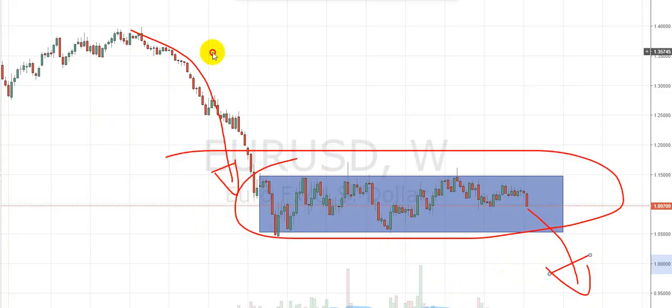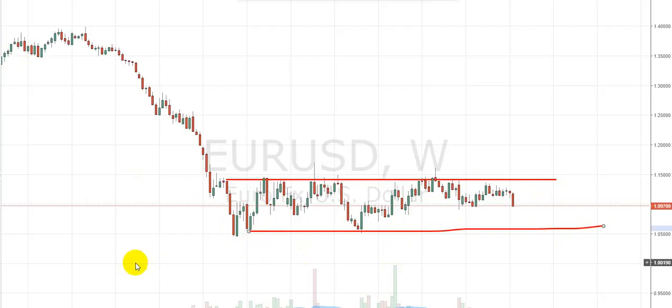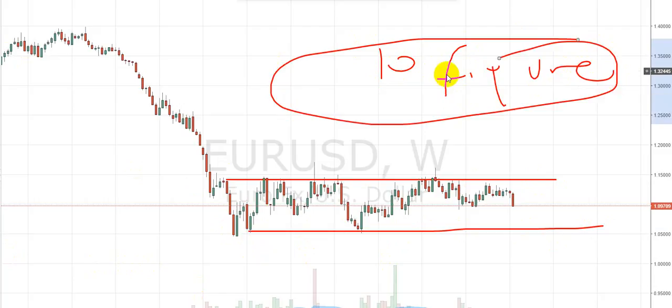All right, let's skip it for a while, this move down. Let's have a look closer and discuss this, eventually, this range. That's the 10-figure range. All right.